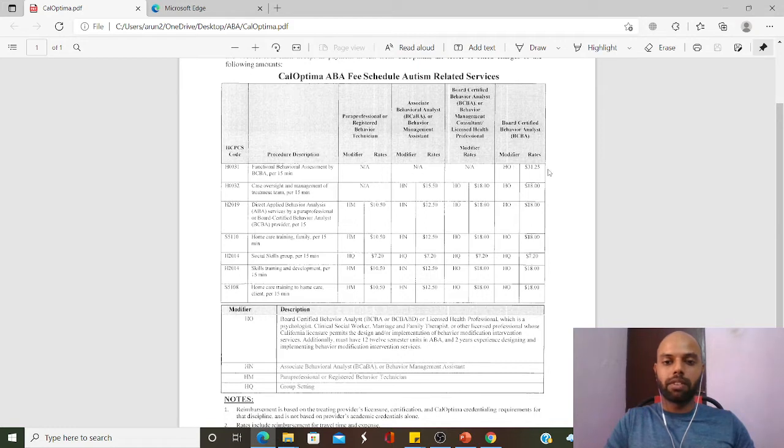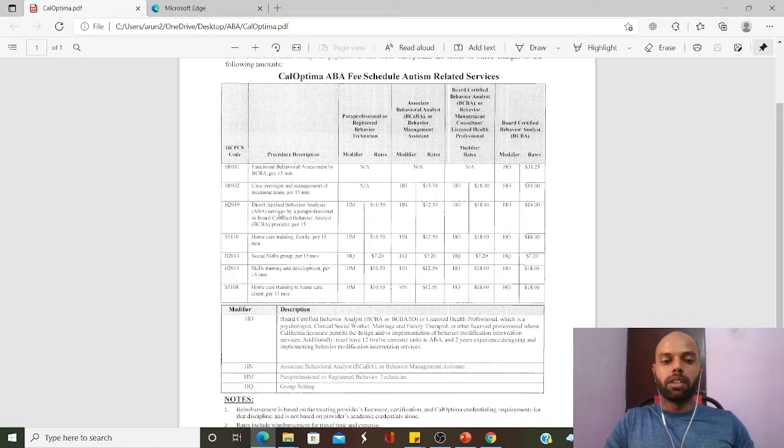The rate they have given for the provider is $31.25. They have mentioned the CPT and who can bill a service and what modifier we can use. For direct behavioral therapy, one-on-one with the RBT, they have mentioned we have to use the HM modifier, and the rate is $10.50. And if DBT is done by a BCaBA, we have to use HN, and H2019.